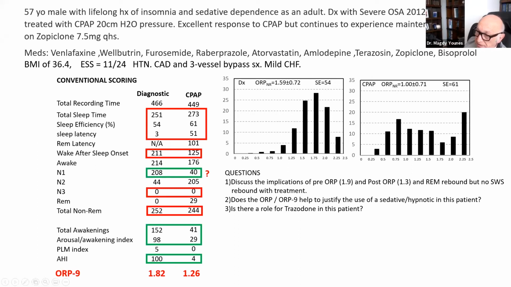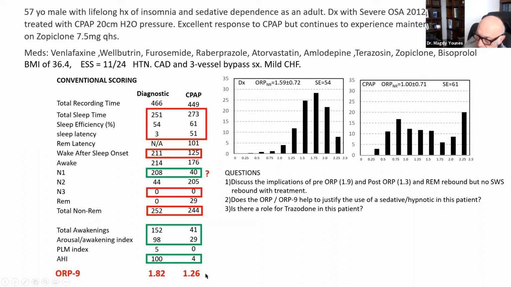When you have 60 or more arousals per hour, it's like one every epoch almost, and you don't really have time to go to proper sleep. So we're not really dealing with an arousal. We are dealing with a state of wakefulness that's just fluctuating. So I no longer put any emphasis on ORP9 if the AHI is more than 60.